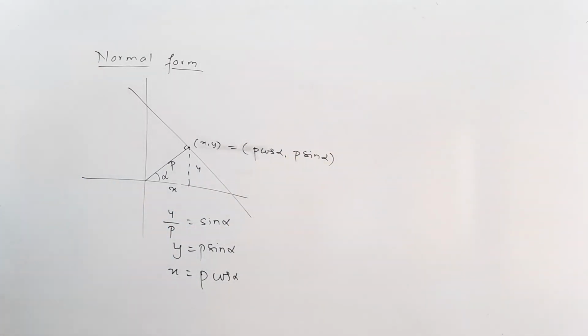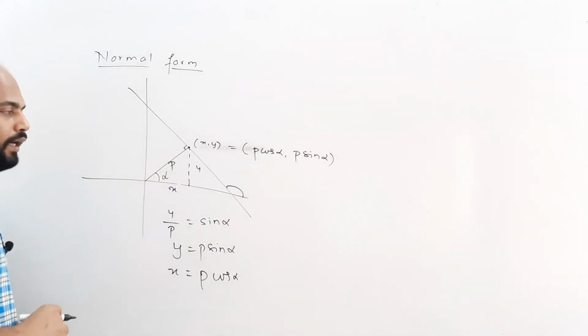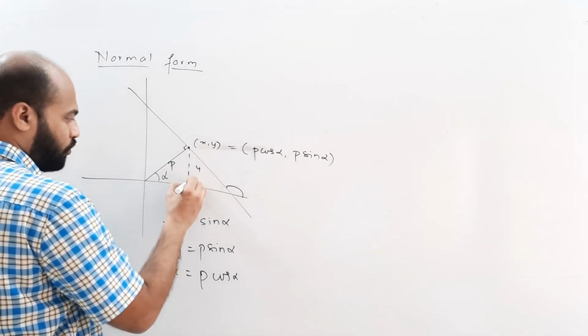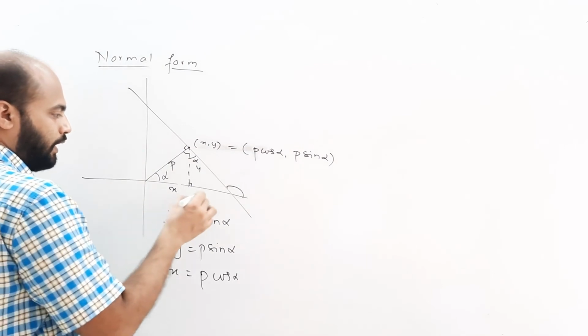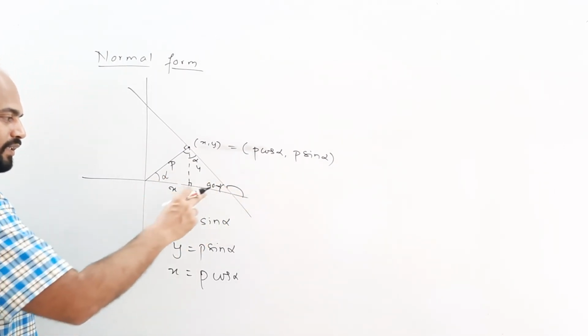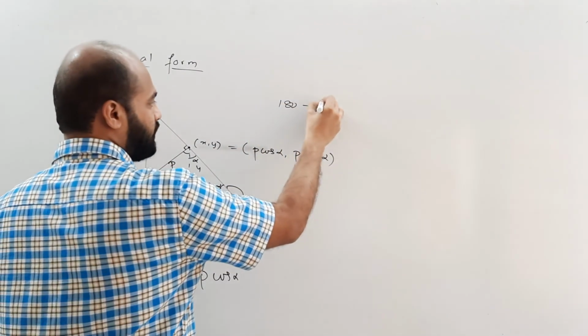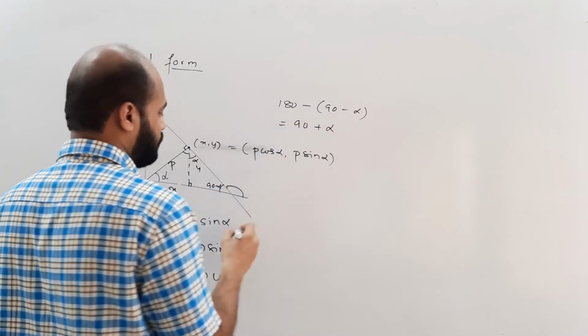Now all that we want is actually this angle, and that we can easily find. We know that we have dropped a perpendicular, this is 90 minus alpha, this is alpha, and this is 90 minus alpha. If this is 90 minus alpha, then this is going to be 180 minus 90 minus alpha, which is 90 plus alpha.